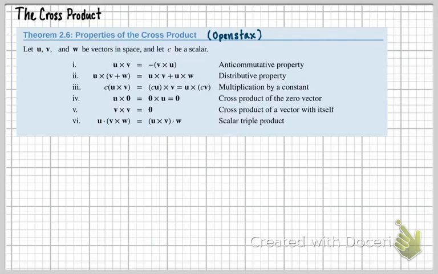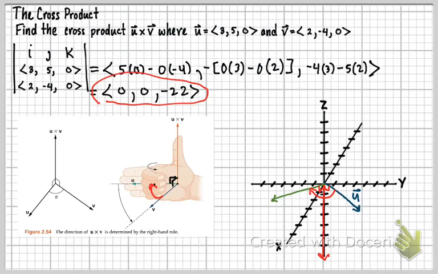So U cross V is not equal to V cross U. It's actually equal to the negative of V cross U. And that comes from taking a look at the example that we had over here. So remember that when I was going U to V, which was here, that was clearly going to be in an upward direction. So that's going to be a positive direction, so it'd be a positive vector in a sense.